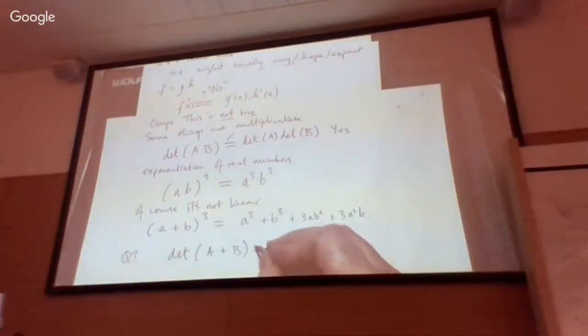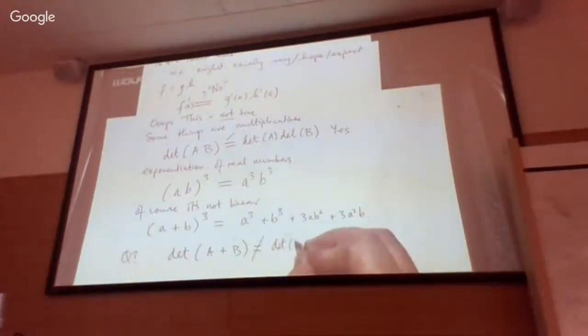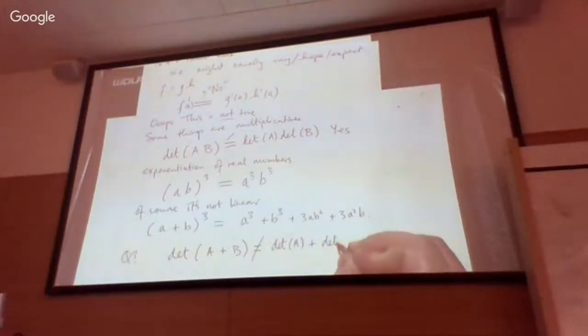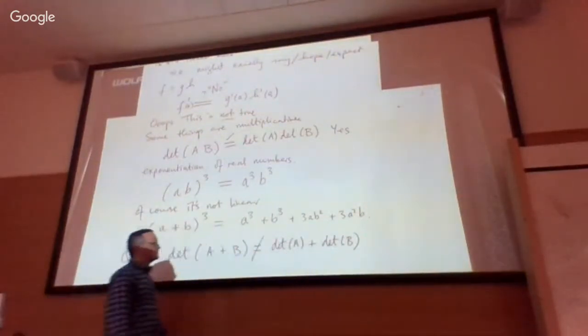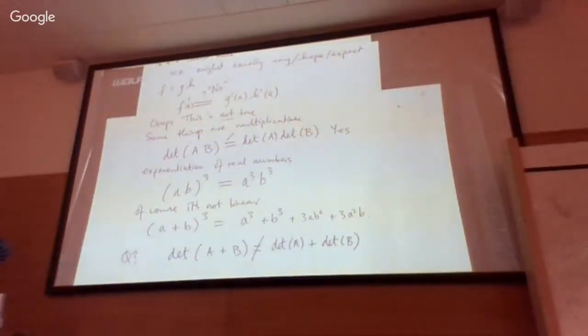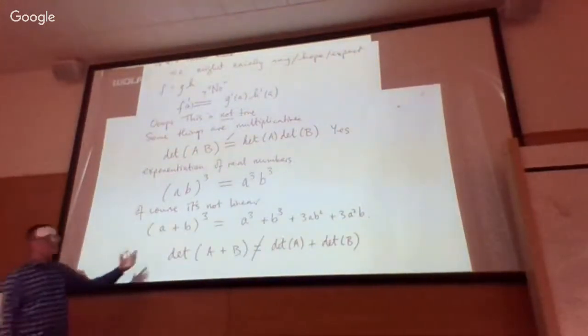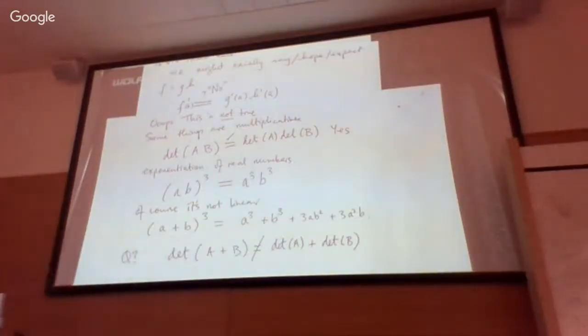So it's certainly not equal to the determinant of A plus the determinant of B. There just isn't any such simple relationship between the determinant of a sum and the determinants of its summands. So you should always be on the lookout for linearity and multiplicativity problems.